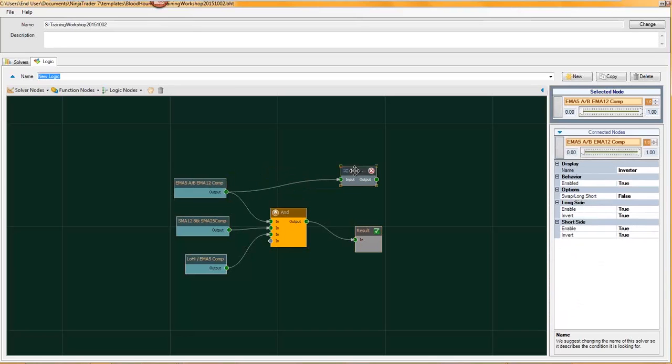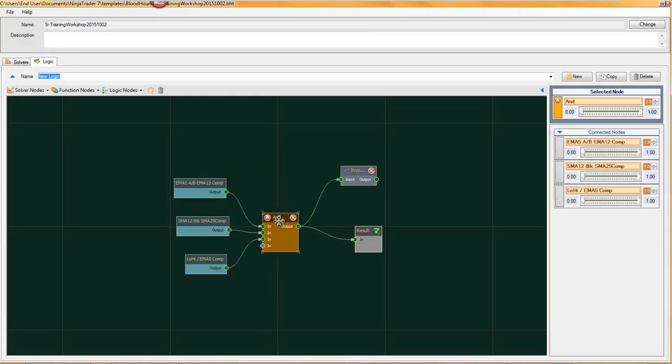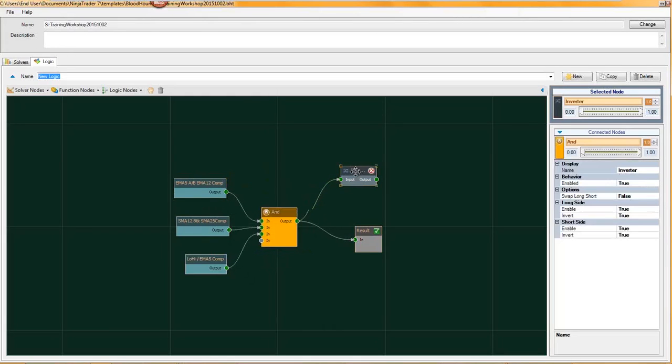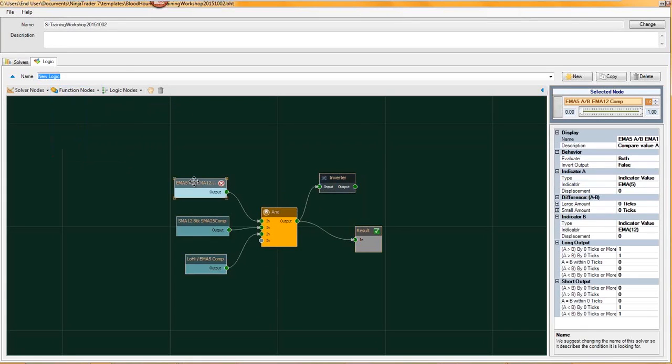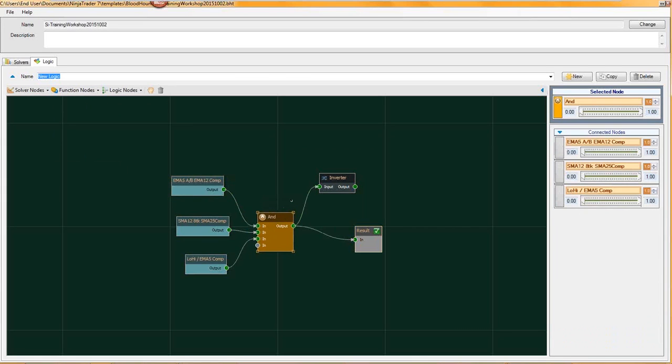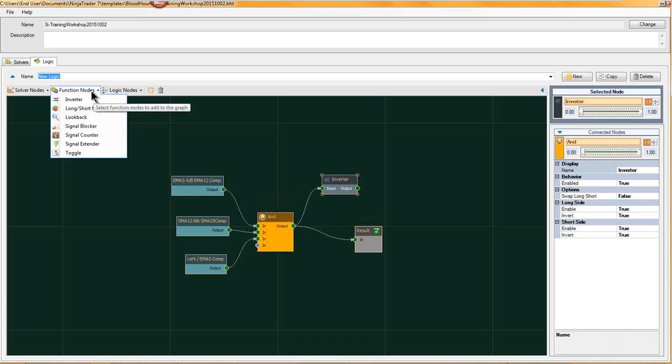Or if I needed to, I could manipulate the signals coming out of this AND node. I could invert them if I needed to. So function nodes take the signals coming from other nodes and manipulate them, right? Every function node has an input and an output.